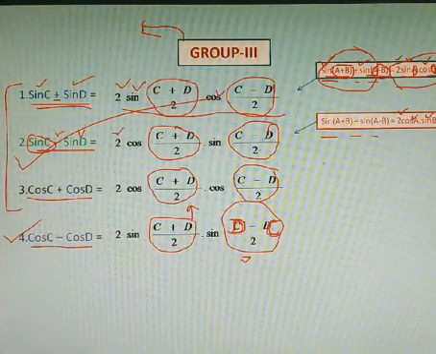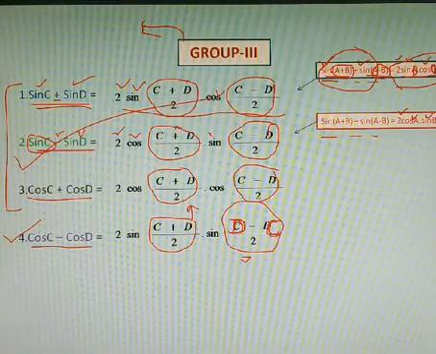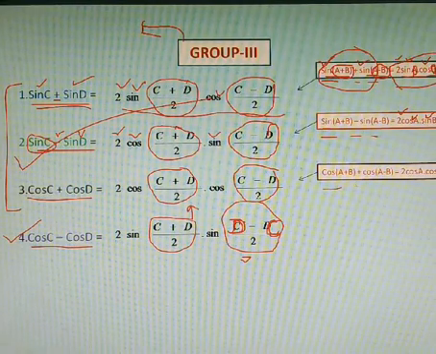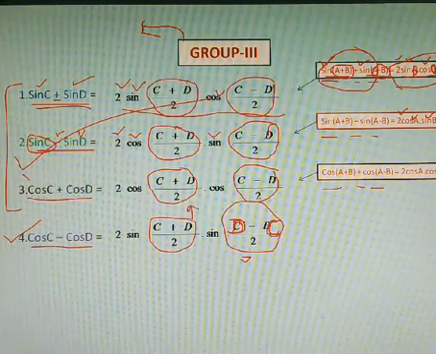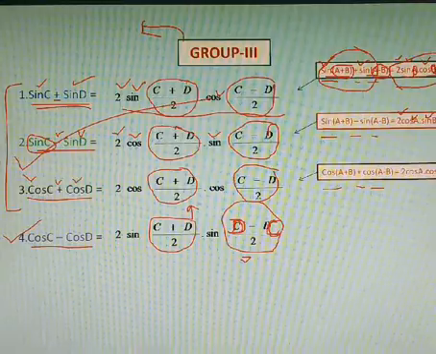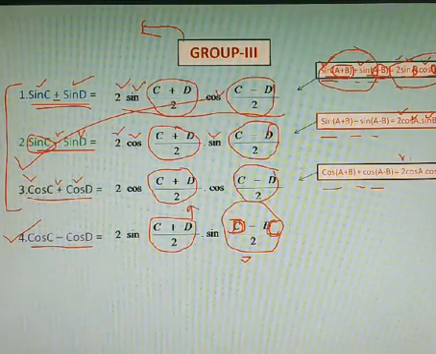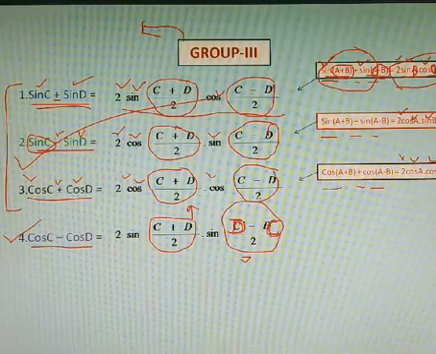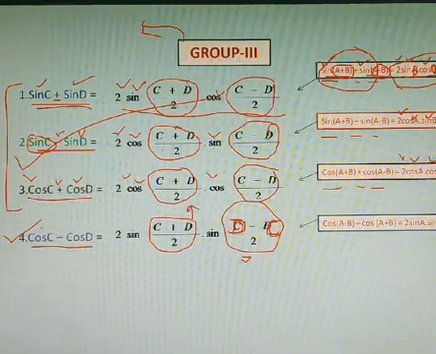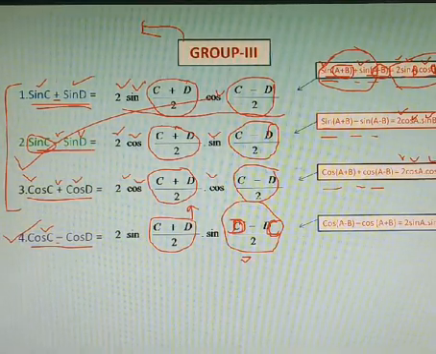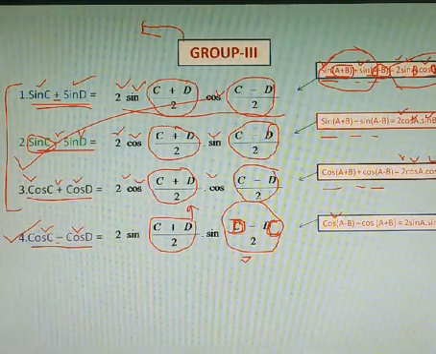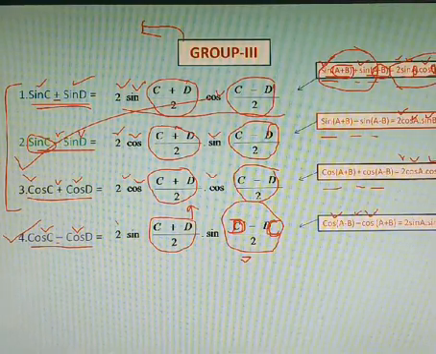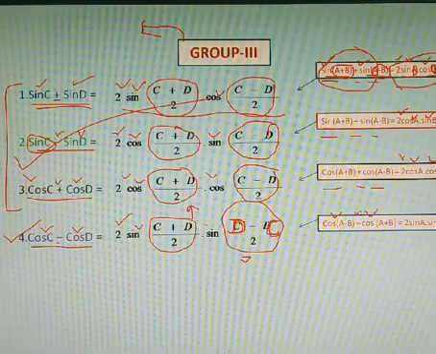Again in the third case also same, cos plus cos is equal to 2 cos and cos. And in the fourth part, if it is cos minus cos, on the right side it should be 2 sine and sine.